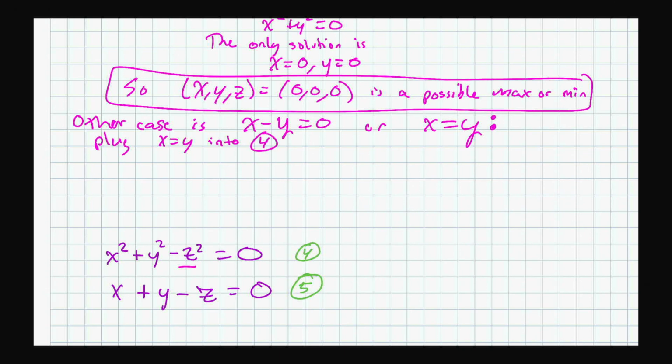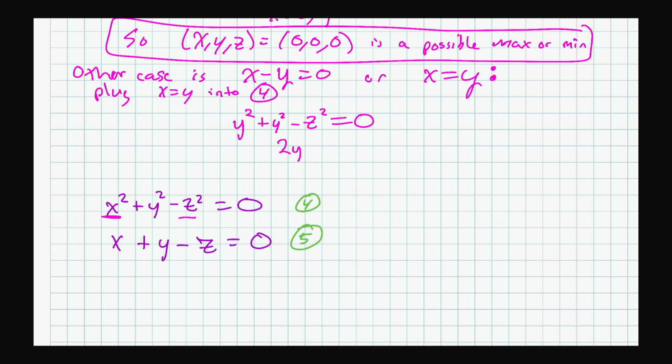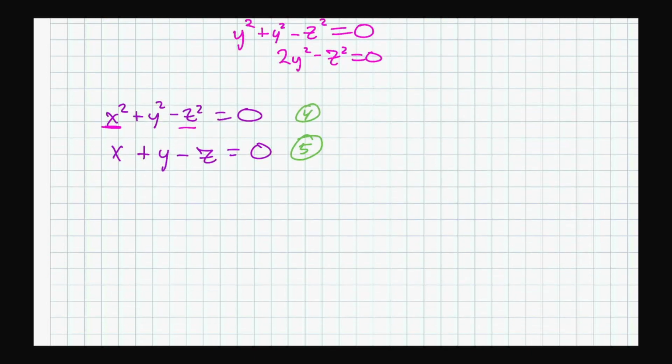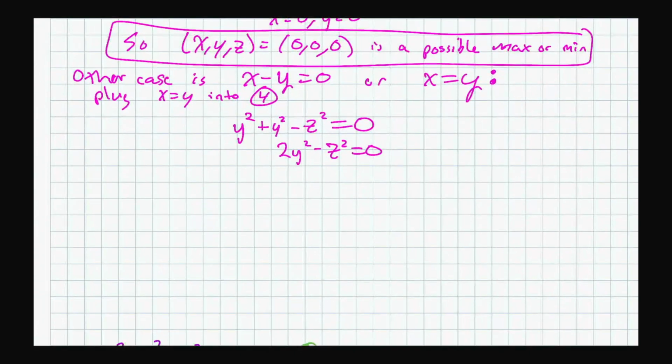So let's plug x equals y into 4. So I'm going to replace the x with a y. So I get y squared plus y squared minus z squared equals 0. Or I get 2y squared minus z squared equals 0. Or moving the z squared over, I get 2y squared equals z squared.